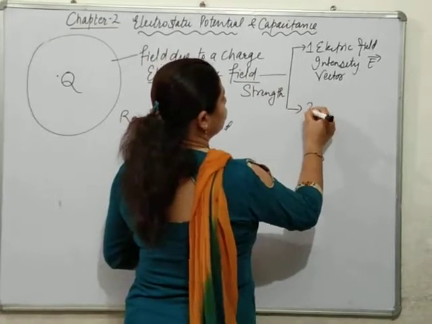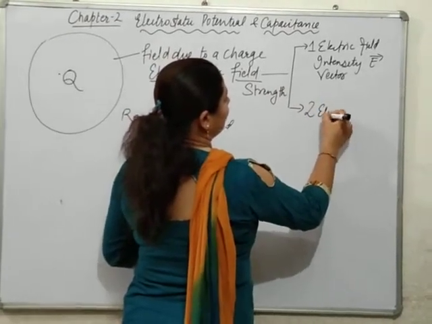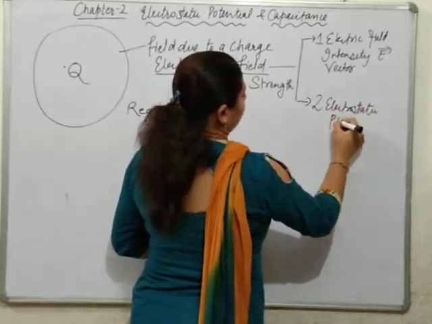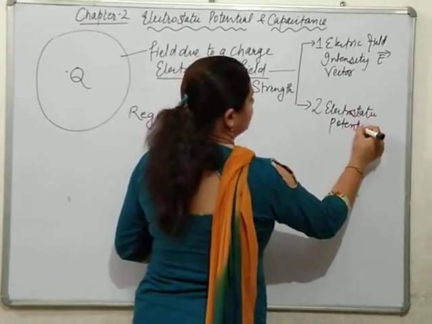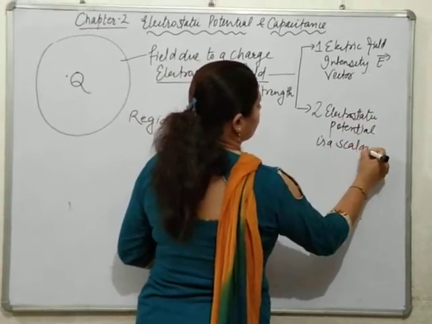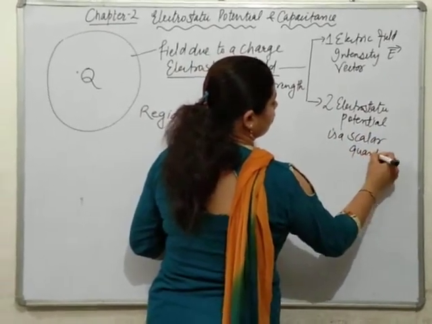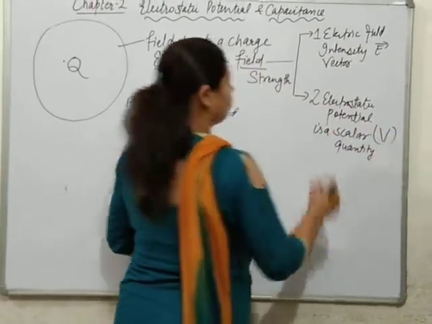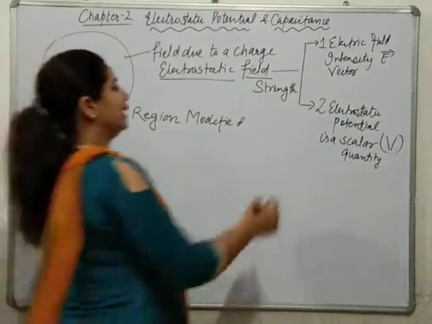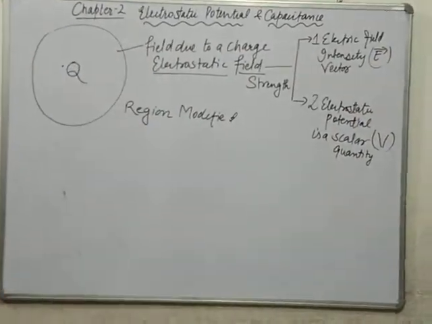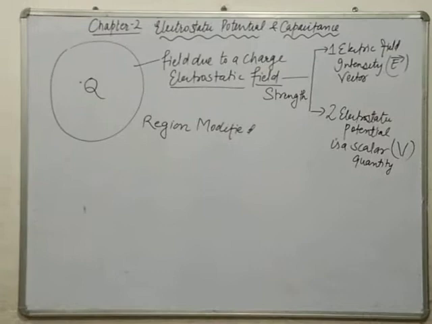Now we will use the second term, that is electrostatic potential, where electrostatic potential is a scalar quantity. It is represented by symbol V. As electric field was a vector quantity, but now potential is a scalar quantity.